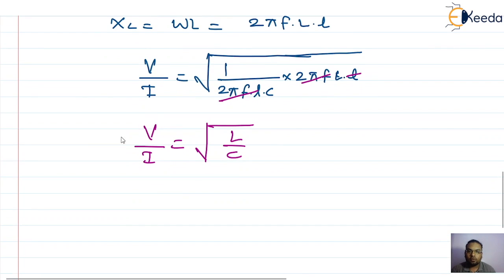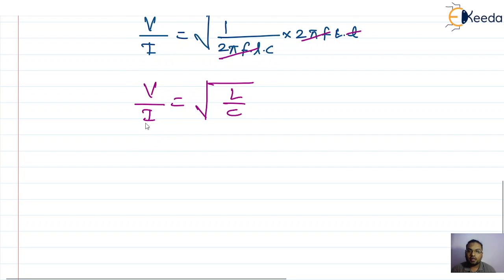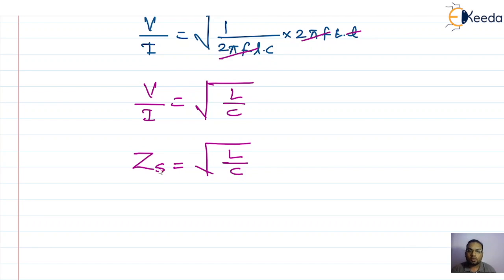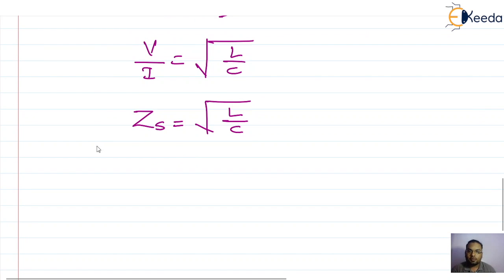Again, if you look at this left hand side, the V by I, as per the electrical property, is nothing but the resistance. So I can write it here as V by I, let us denote it with ZS, that is equal to square root of L by C. This is called the surge impedance. Sometimes this is denoted as ZS or ZC.